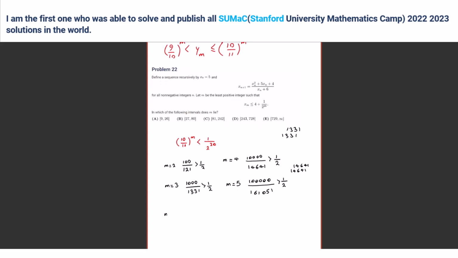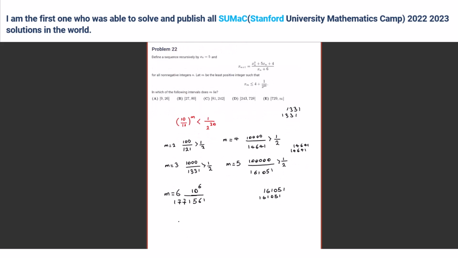So let's keep writing m=6, 10 to the 6 over this one. Let me check. 1651711. But this one is so much better than this.